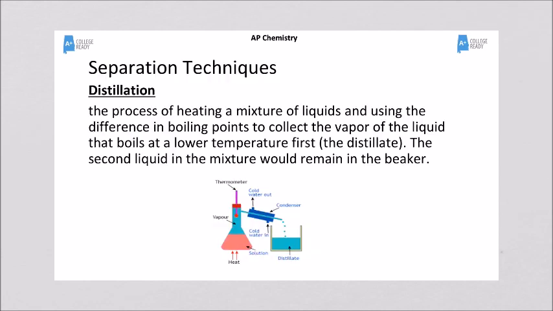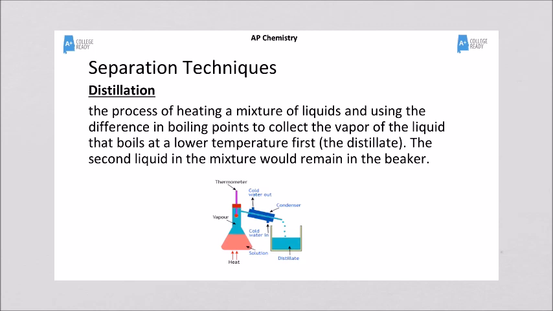The last separation technique is called distillation. If we heated a mixture of liquids, we could use the differences in boiling points to collect the vapor of the liquid that boils at a lower temperature first. Again, the liquids in the mixture would have to have pretty different boiling points, but it's pretty cool that all you'd have to do, as you see in the graphic, is heat the mixture.